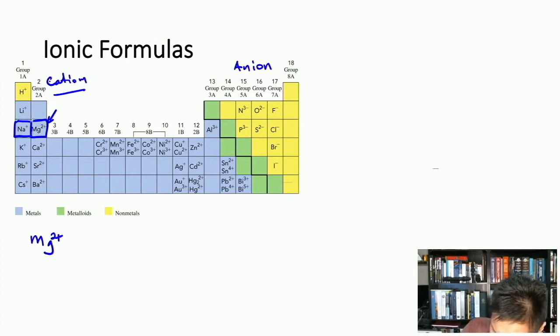It's in group 1, so it has a +1 charge, right? But here we have magnesium, it's got a +2 charge. And what that means is that magnesium needs to lose 2 electrons to obtain that full outer shell, valence shell, right? So it has 2 valence electrons.